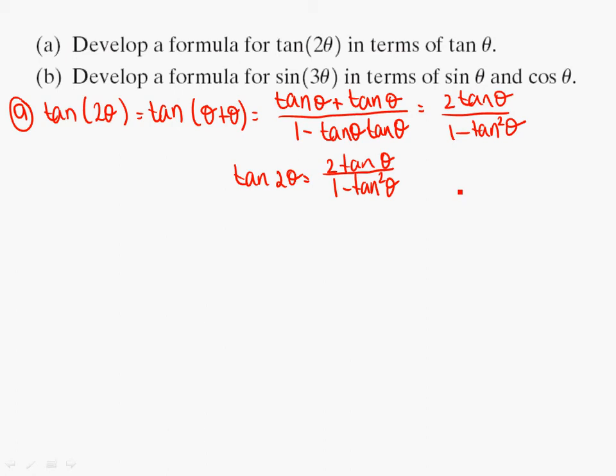Alright, the next one's a little trickier, just because of the reading part already. So let's see what they're asking me. So I need to do the sine of 3 theta, right? And I can only use sines and cosines, right? Alright. Let's see.